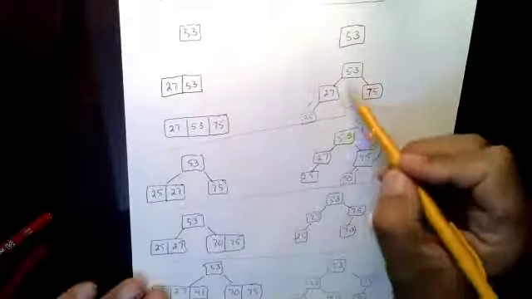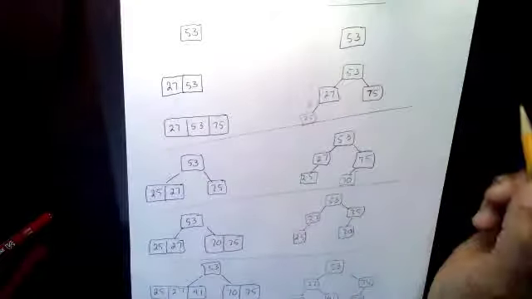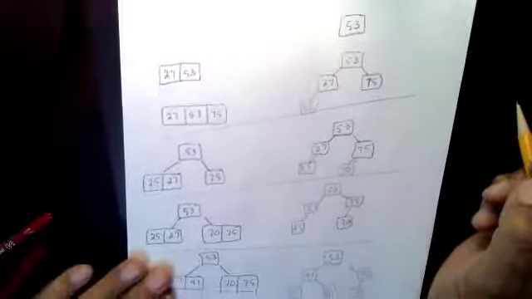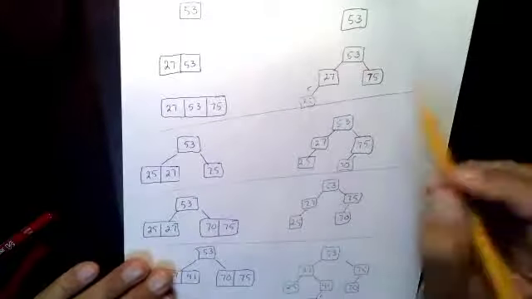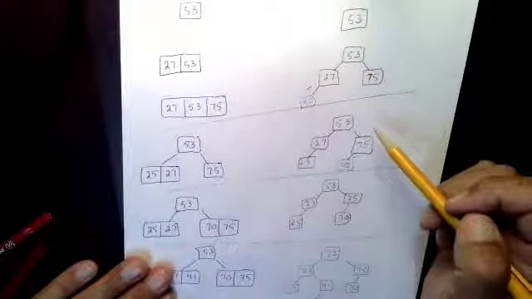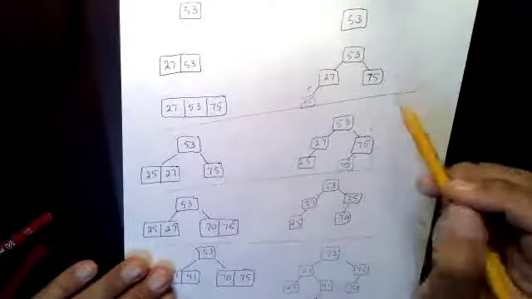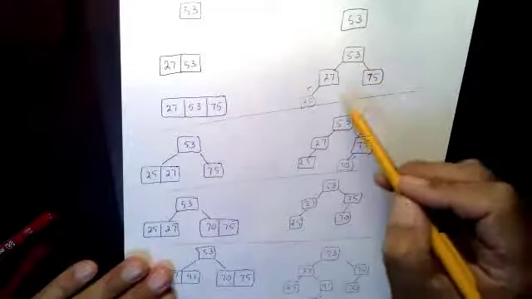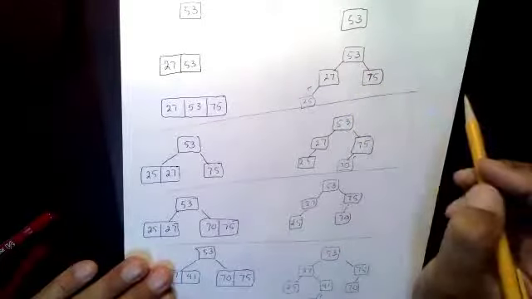All right, let's go back here. When I had two reds in a row, how did I handle it? Did I have to change the order of my insertion?